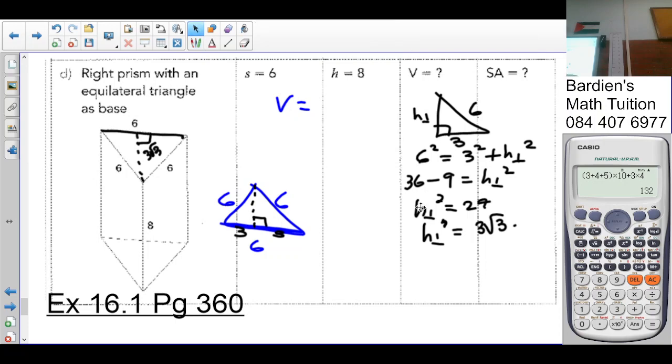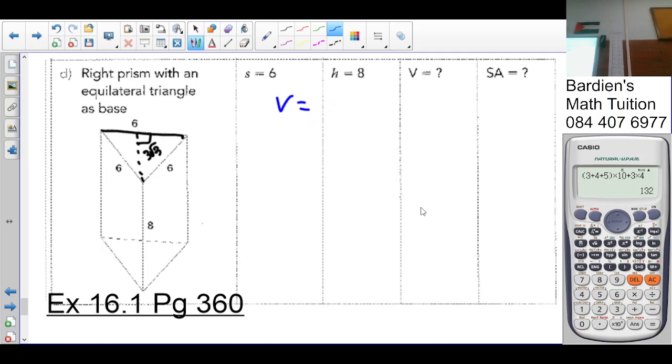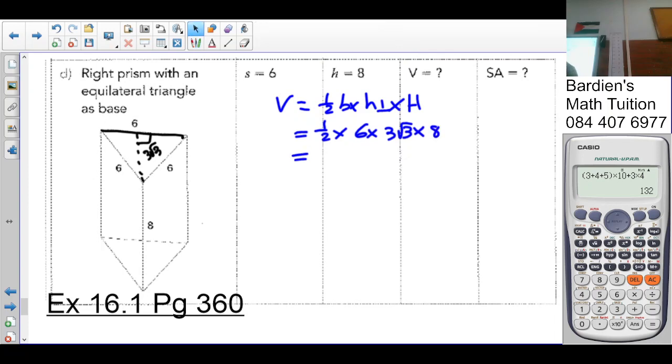So when you work out the volume now, the volume is going to be half base times perpendicular height times the depth of the object. So it's a half, your base is 6, your perpendicular height is 3 root 3, times 8. That's 0.5 times 6 times 3 root 3 times 8.